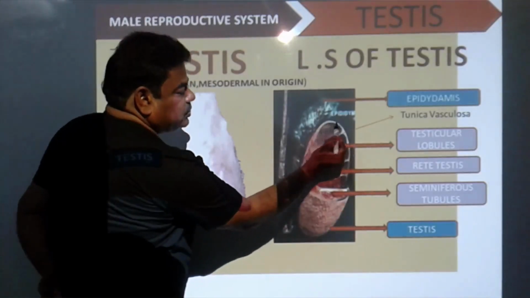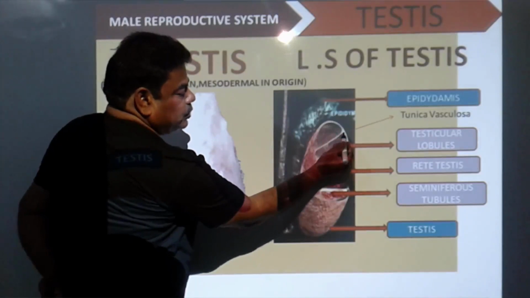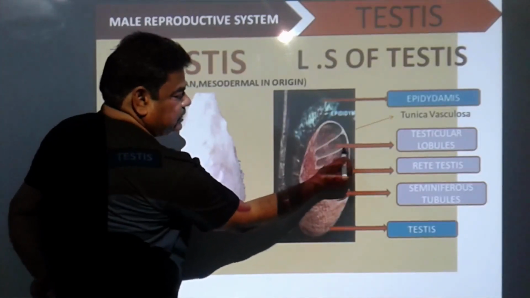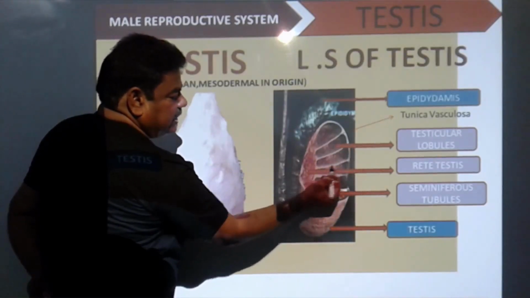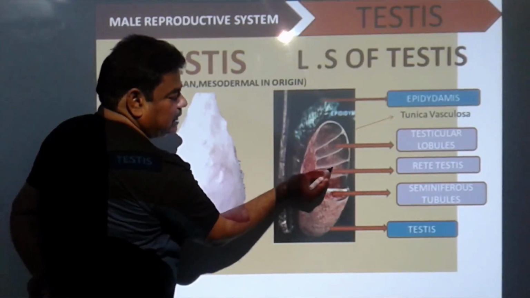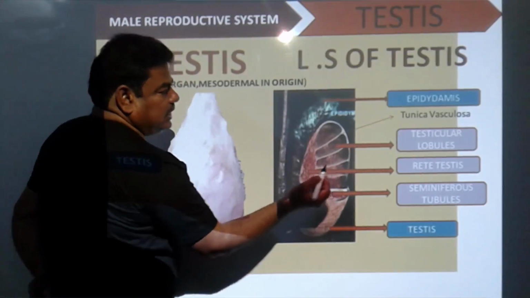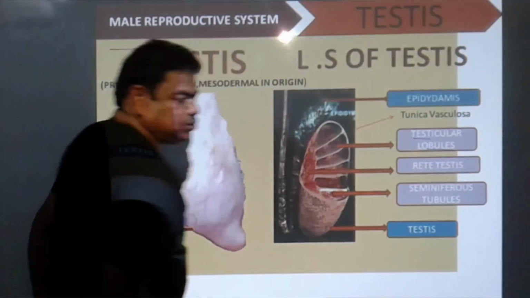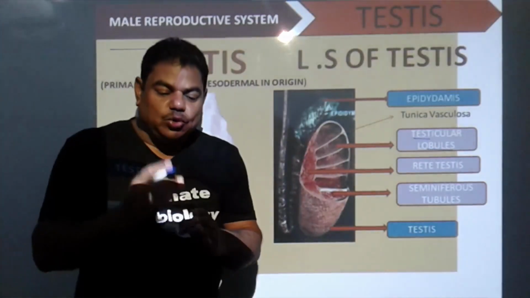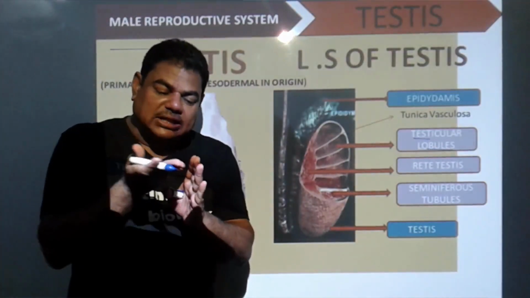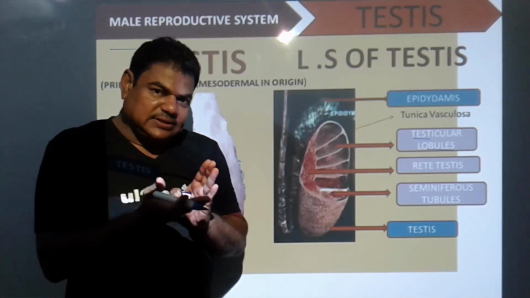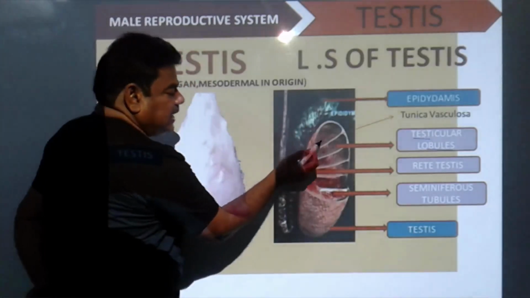This tissue invaginates inwards and differentiates the testes into compartments, and we call these compartments testicular lobules.